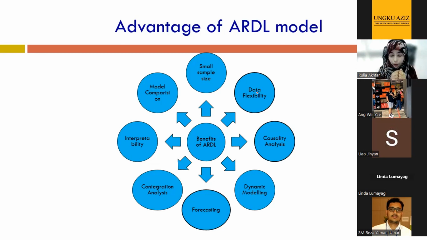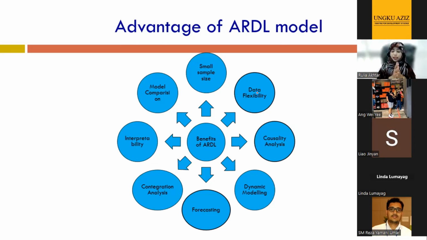Now, causality analysis. These models allow the examination of causal relationships between the variables. Causal relationship means either x causes y, or y causes x, or both, x causes y and y causes x.